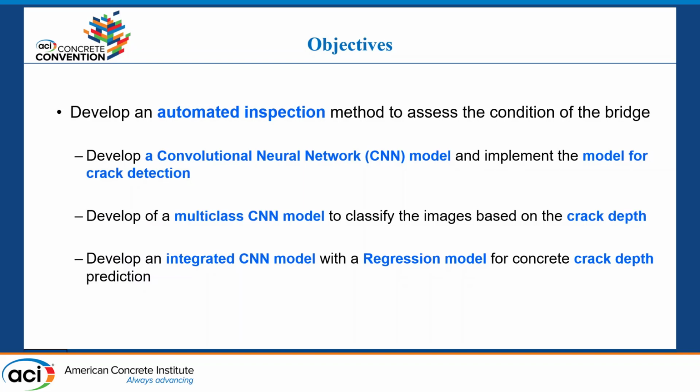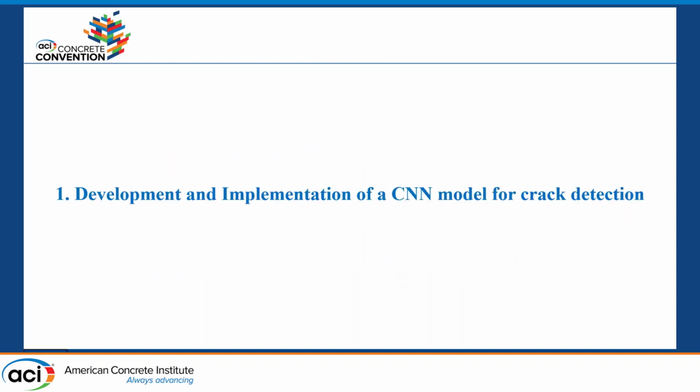Thirdly, we will develop an integrated CNN model with a regression model for concrete crack depth prediction. The prediction of the crack will help us to make a decision on carrying out further assessment to check corrosion or bone degradation. The first objective is development and implementation of a CNN model for crack detection.